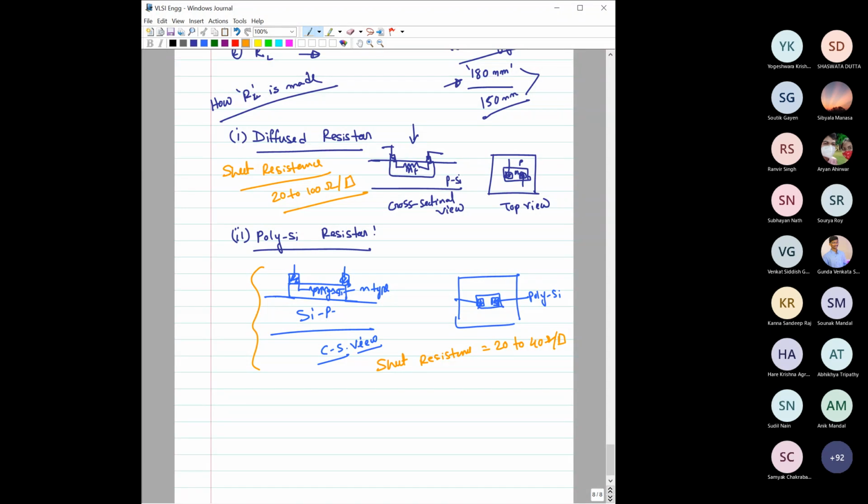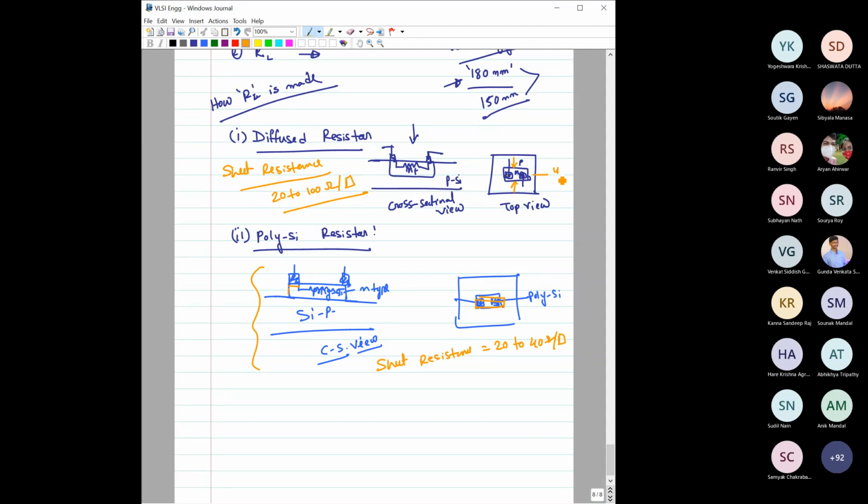But to make this polysilicon resistor, you have to deposit polysilicon, then etch the polysilicon accordingly, and then make contact. And here you have to do a diffusion, make this region N type, and then make a contact. For this diffusion, there is a particular limit on the minimum width of the diffusion.